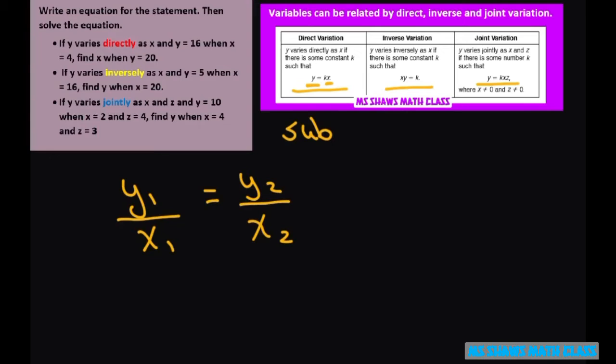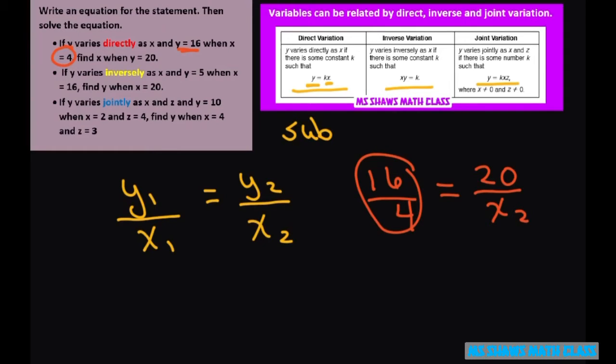So when you solve, we're going to put our first y, 16, divided by 4 equals y sub 2 is 20, and we're looking for x. So this equals 4.